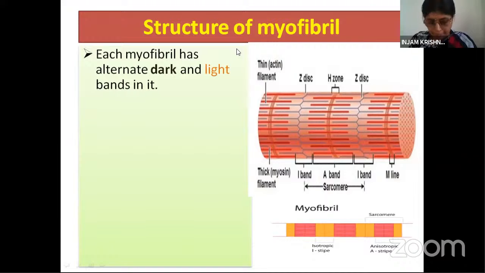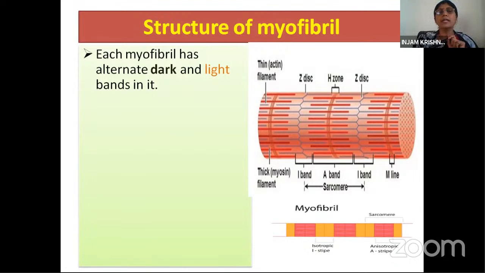Structure of myofibril. Myofibril is one organelle, just like a cell organelle; myofibril is also an organelle of the myofiber. You can compare it to a normal cell. A normal cell contains a nucleus, endoplasmic reticulum, mitochondria, and so on. In the same manner, the muscle fiber is also one cell.